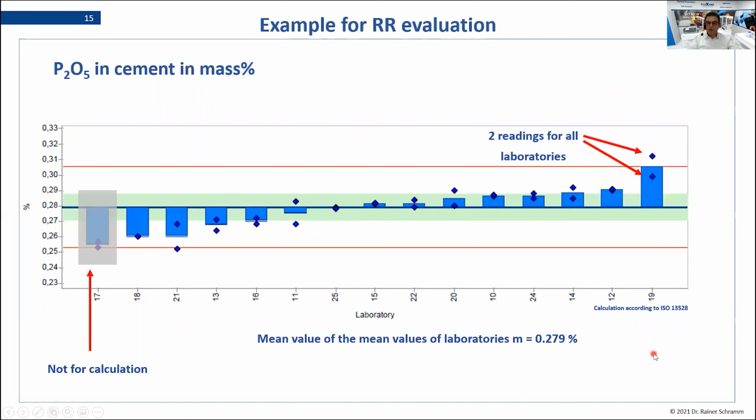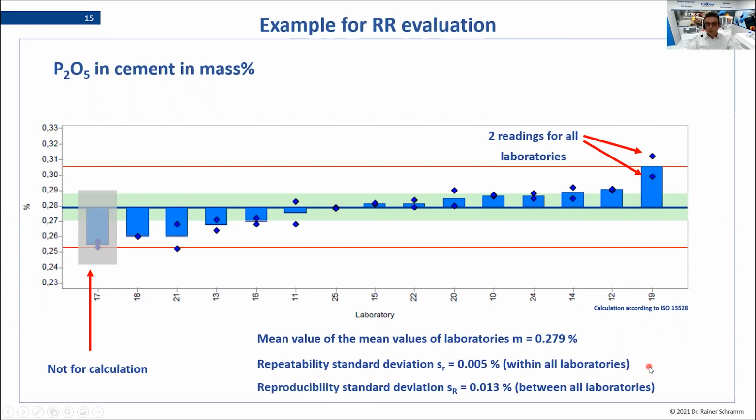The second value, what we will calculate, is the repeatability standard deviation, which is nothing else than the repeatability from the laboratories, so that we see how is the distribution in the laboratories. And the third value is then the reproducibility standard deviation. This is then the variation between the laboratories so that we see how it performs overall.